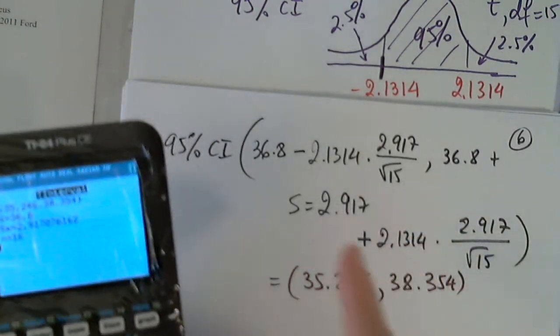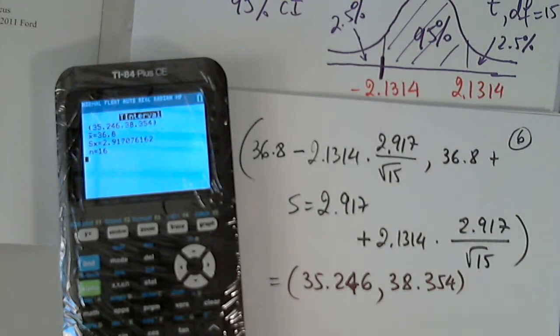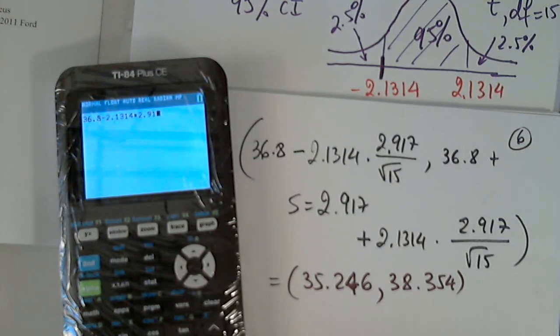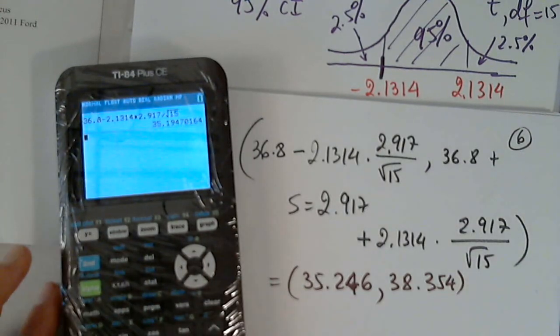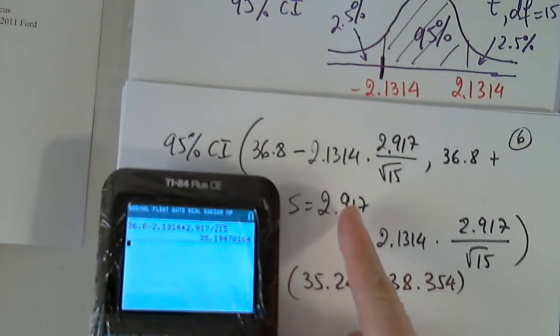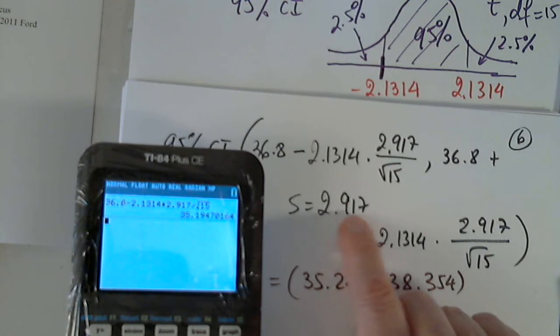If you want to convince yourselves, let's determine just by hand one of the sides. 36.8 minus 2.1314 multiplied by 2.917 and divided by the square root of 15. You know I'm all about checking. The calculator gives us a better approximation because it does not truncate the 2.917.